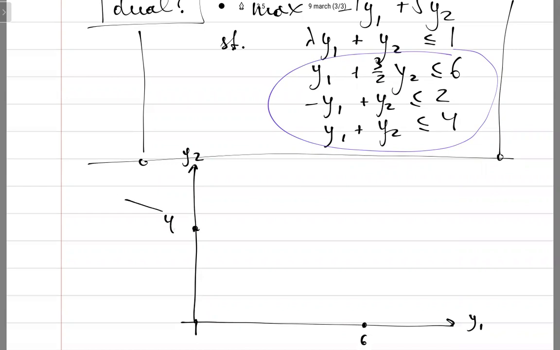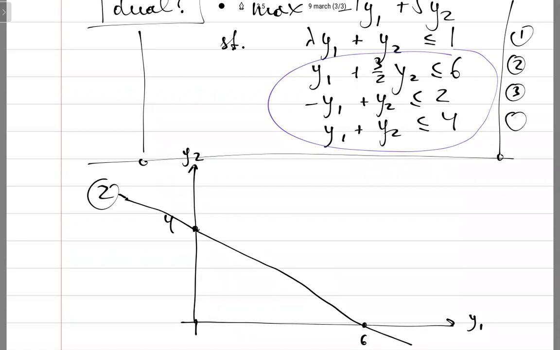That is the second one. Then we go to the third one. The first one I have ignored for the moment. Number 2, number 3, number 4.